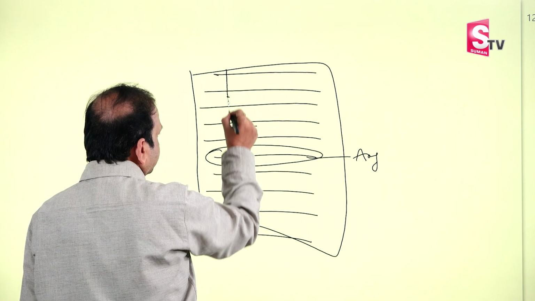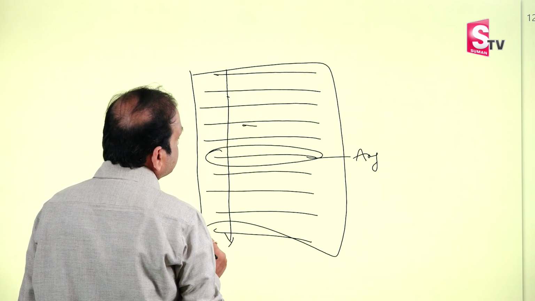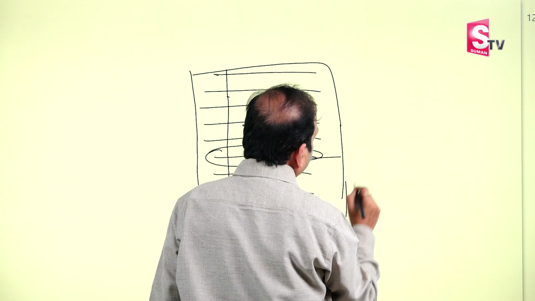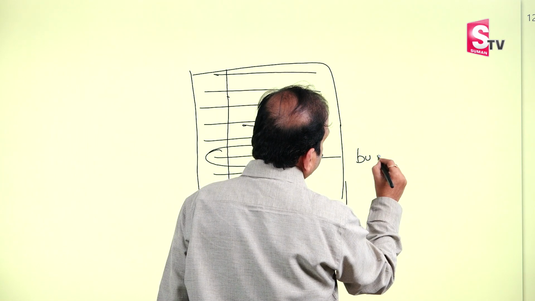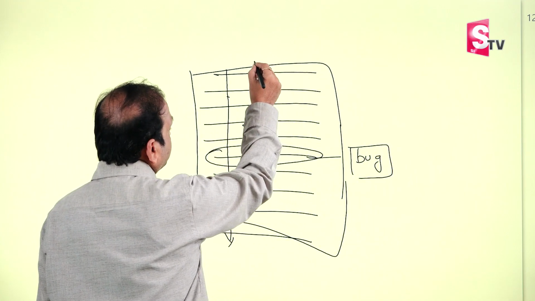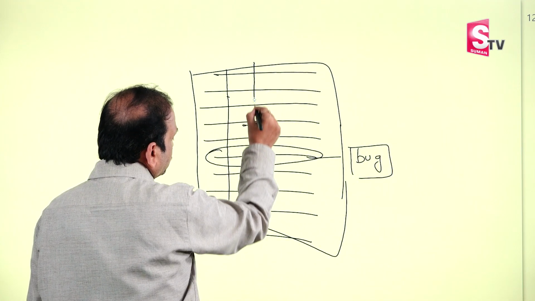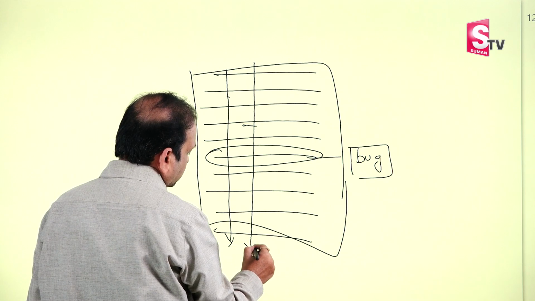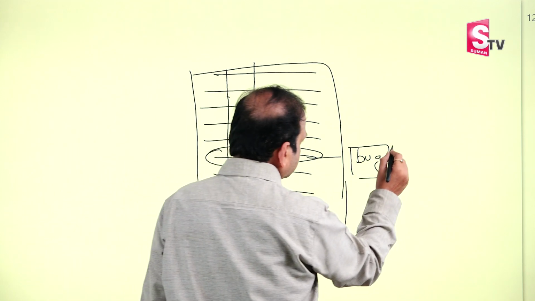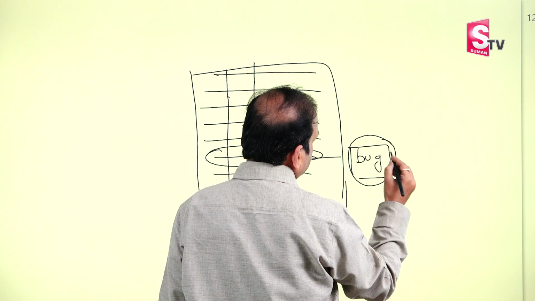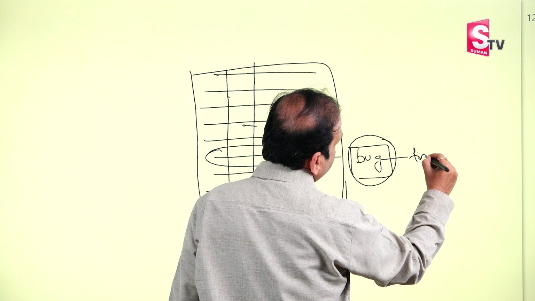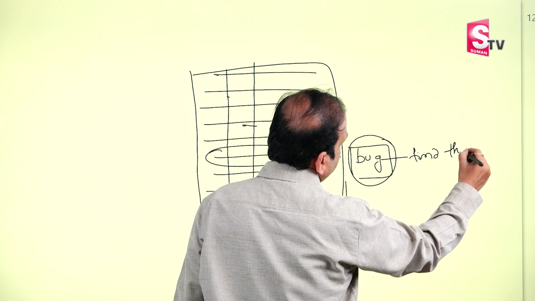Syntactically everything is correct, but maybe you have one bug at a certain line. So we have to analyze from line number 1 to line number 100, and to find the bug, we should debug the program.